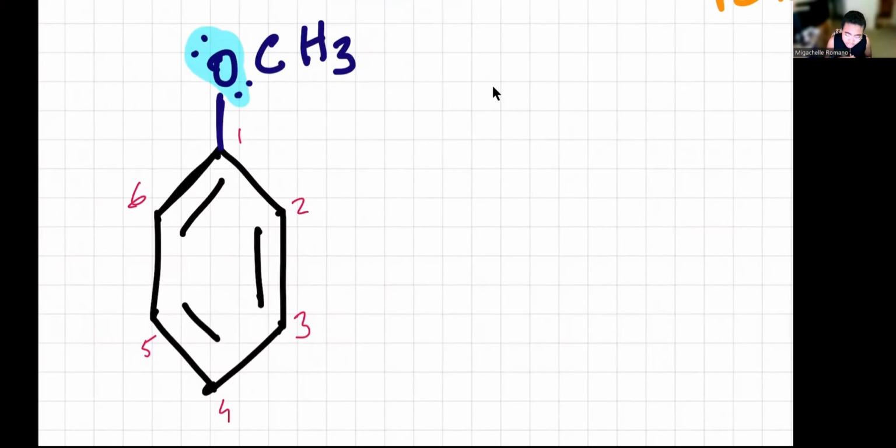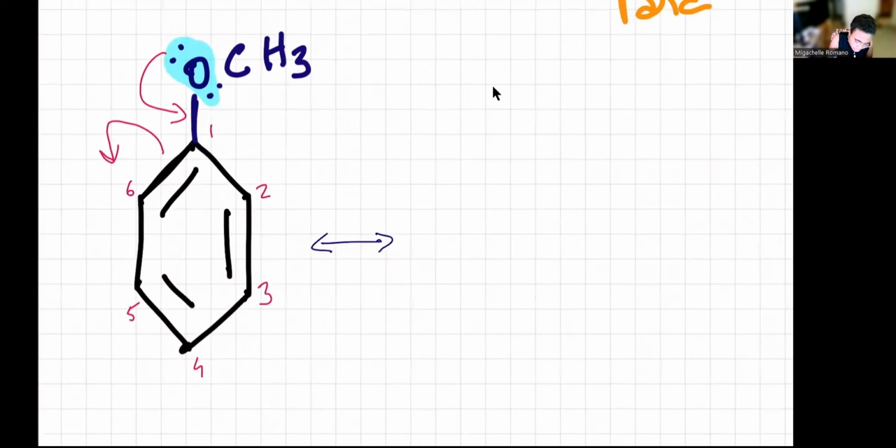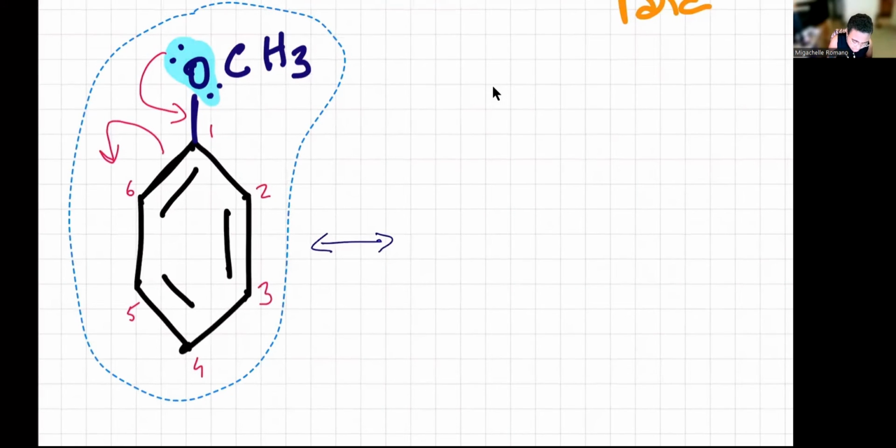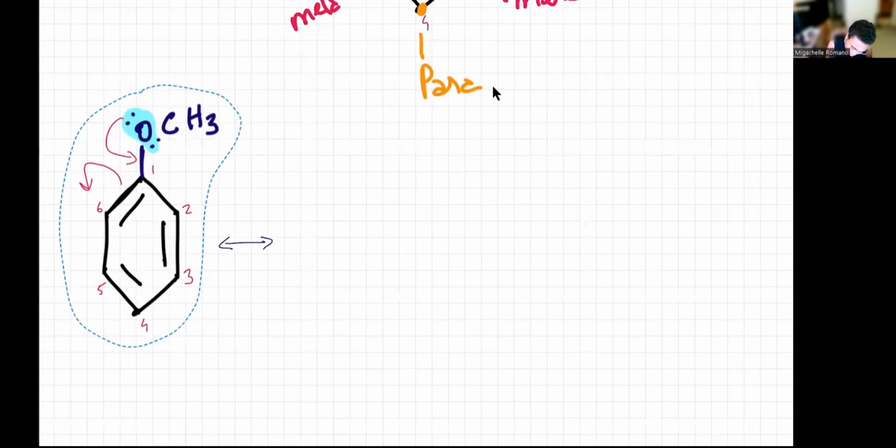We know that if there's a resonance we can do, let me put the resonance here. We can know that the oxygen can donate electrons. Let's do this as resonance. I put the 6 inside. Let's copy and paste this.